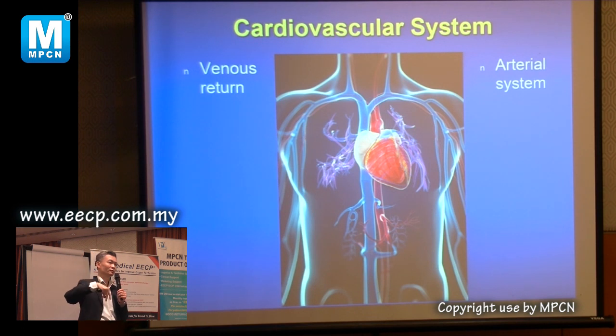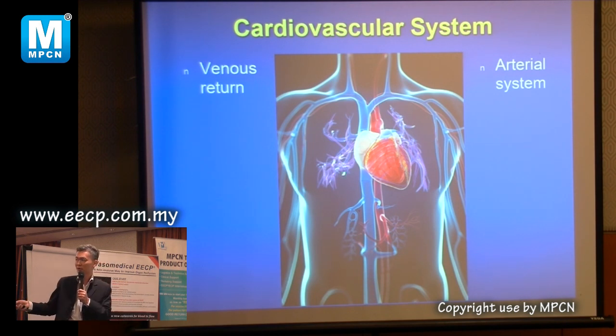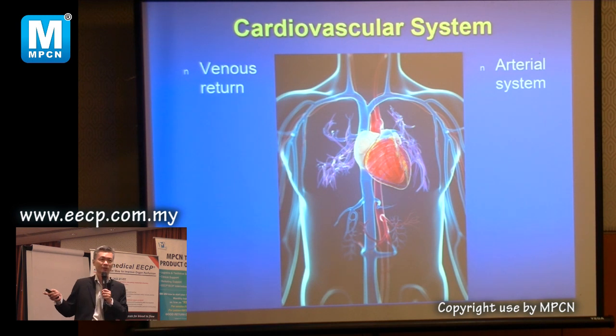Because when you are in cardiogenic shock, not enough blood goes to the brain, you can have brain damage. So this is an invasive balloon inside the aorta to increase blood flow during diastolic to the heart and to the brain. So this is an invasive treatment. So with this principle, they invented this EECP.